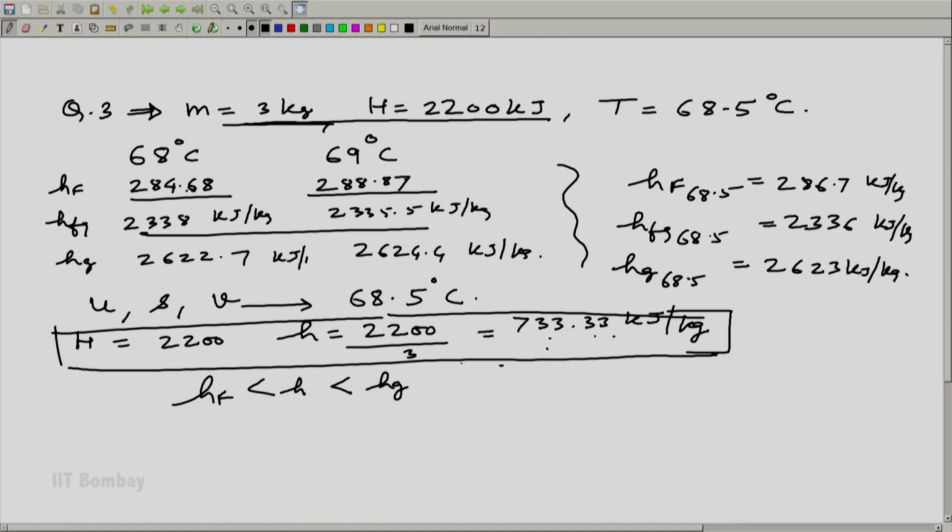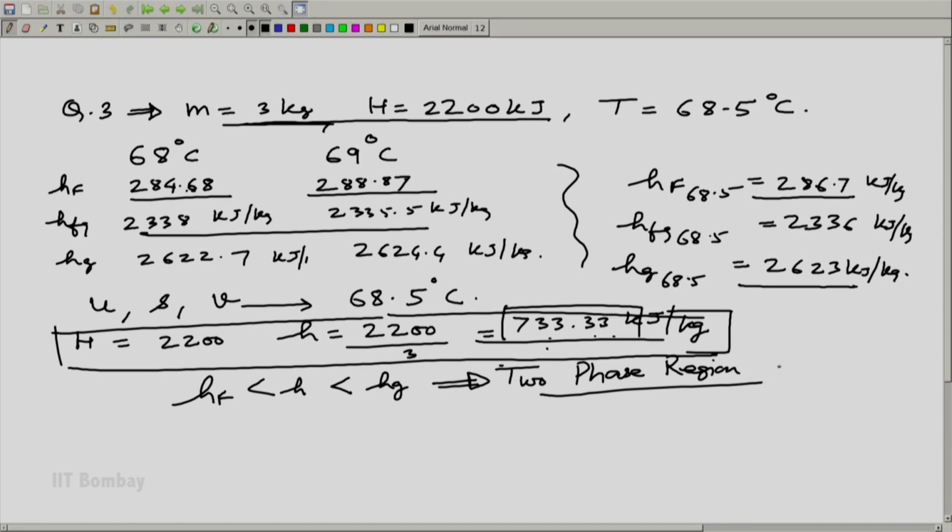So, HF at 68.5 is 286.7, Hg at 68.5 is 2623, while what we have is 733. Therefore, we know that this is a two phase region. That means we have to find out what X is.